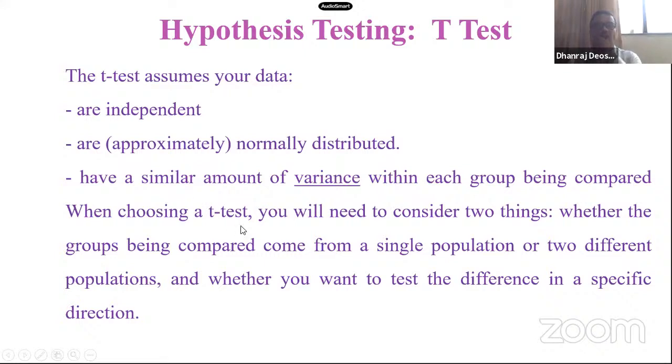When choosing a t-test, you will need to consider two things: whether the groups being compared come from a single population or two different populations, and whether you want to test the difference in a specific direction also. Under the t-test we are going to compare the mean of one sample with another sample, or the mean of a sample with the population mean also.